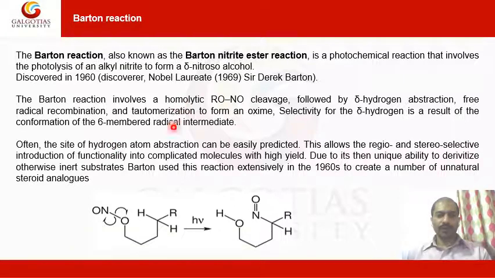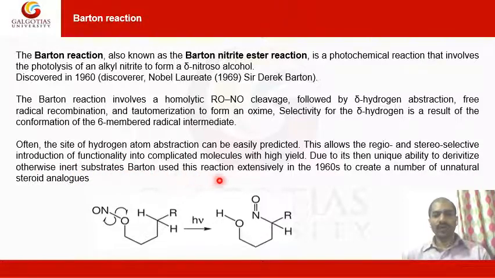This type of intermediate will be formed. So often the site of the hydrogen atom abstraction can be easily predicted. This allows the regio- and stereoselective introduction of functionality into complicated molecules with high yield, due to its unique ability to derivatize otherwise inert substrates.